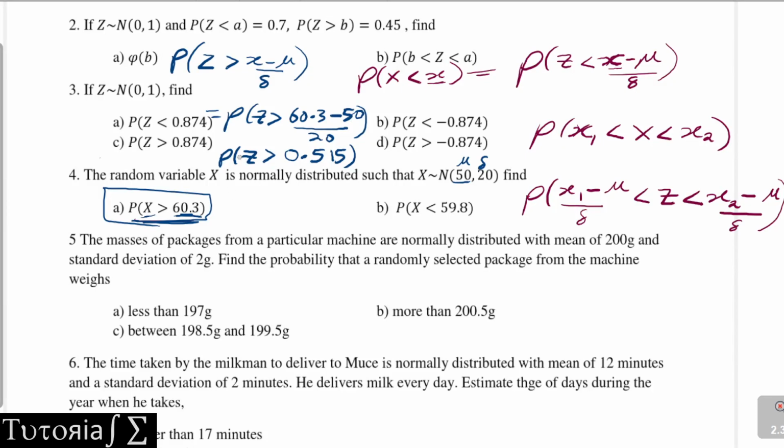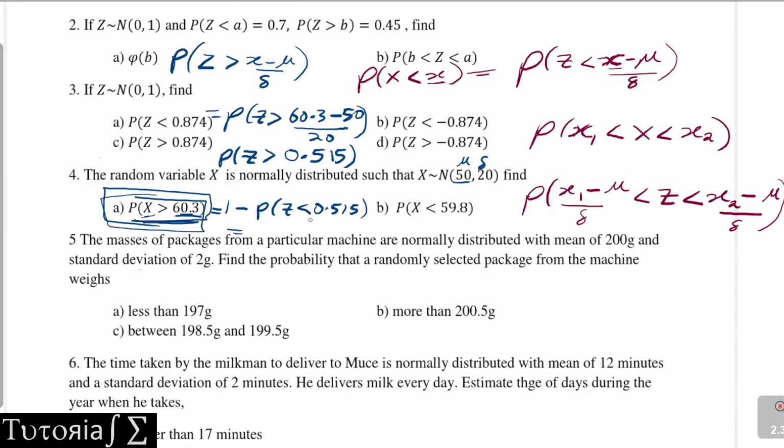Then you know how to work out this probability. Since it's greater than, we say 1 minus the probability of z less than 0.515. So we'll look for 0.515 on the table, and that will be the probability here. So this is equal to that.